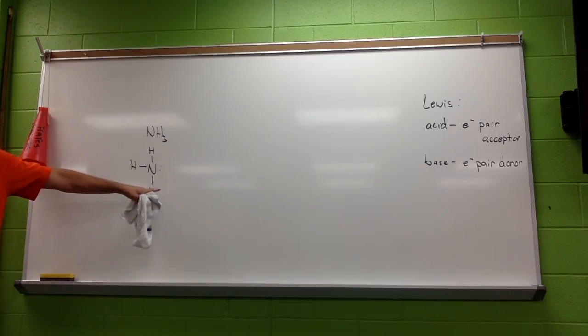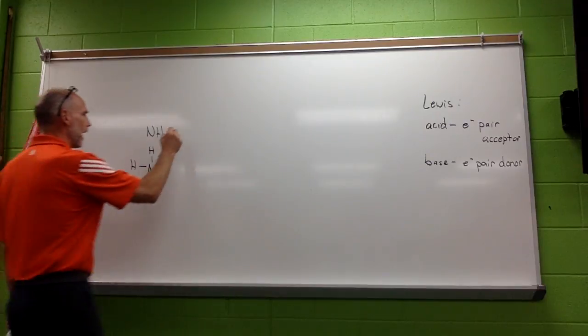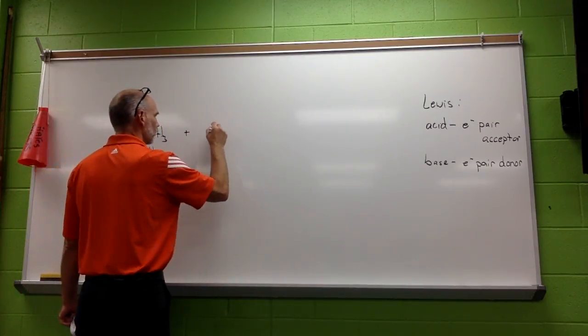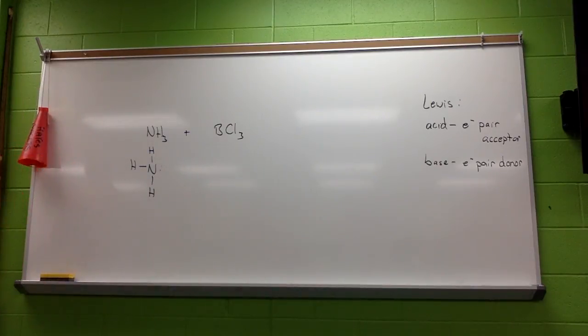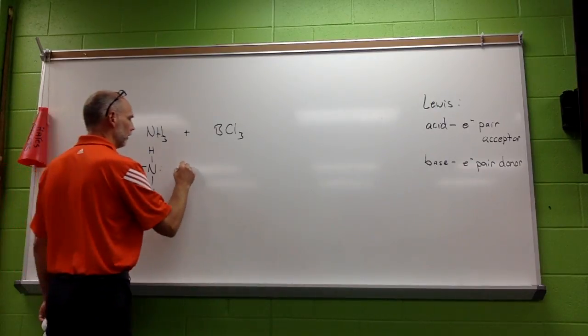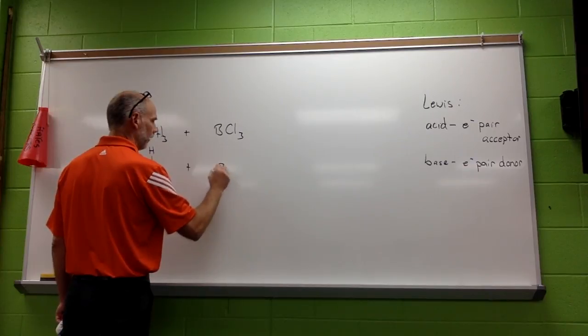It's a base because it has an electron pair here. We're going to react this with a little boron trichloride. Now, you guys probably all drew Lewis structures for boron trichloride at some point in your earlier careers. I'll draw it once again.